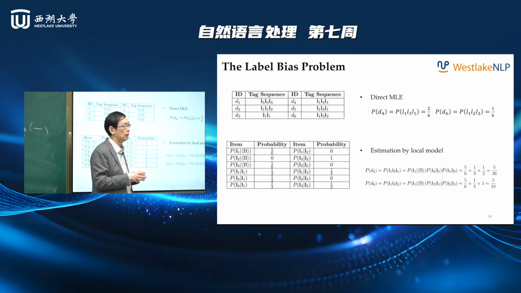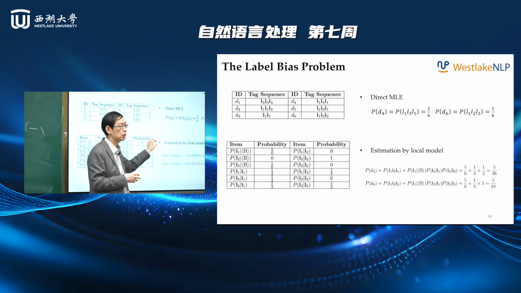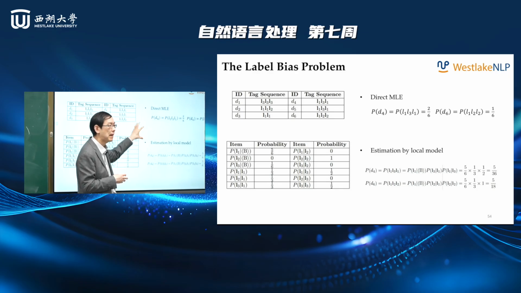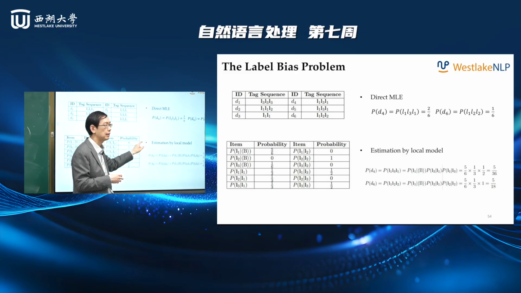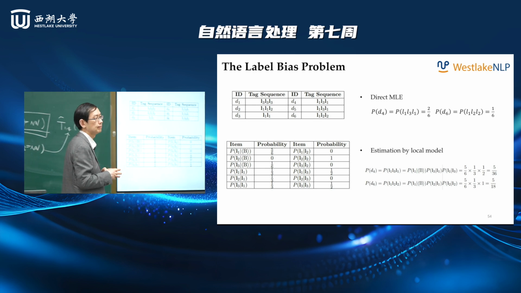So this local label transition, if your model is trained to maximize these local probabilities, it will cause a bias, to favor a local transition with a high probability. That's called the label bias problem. Okay?